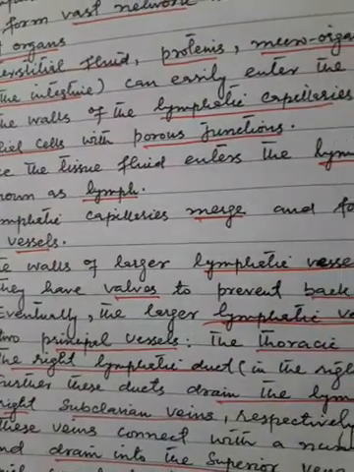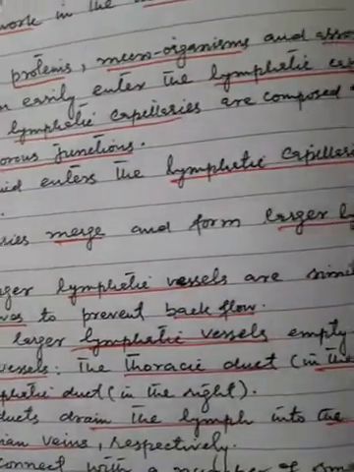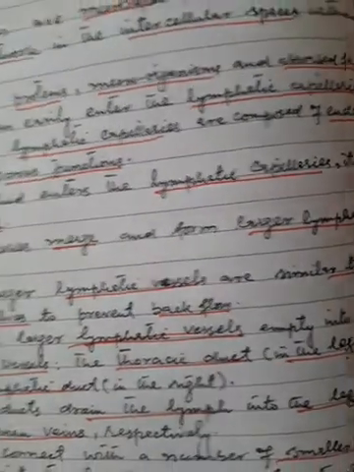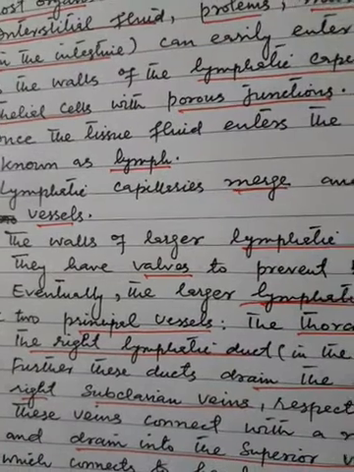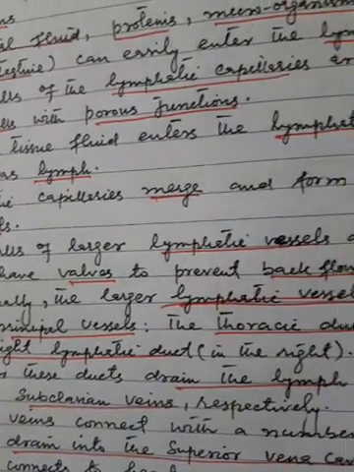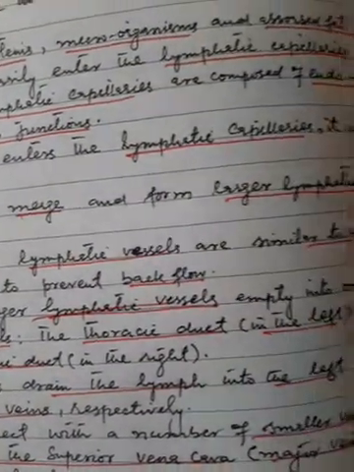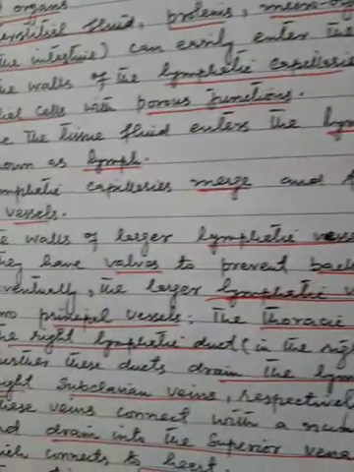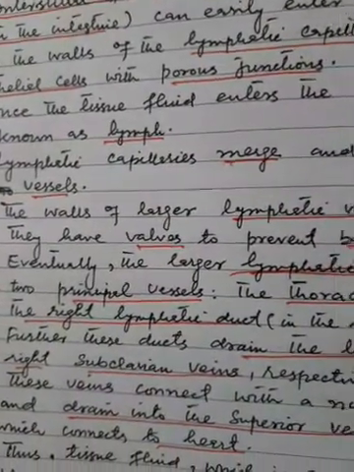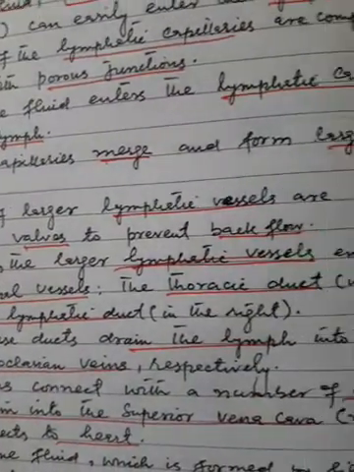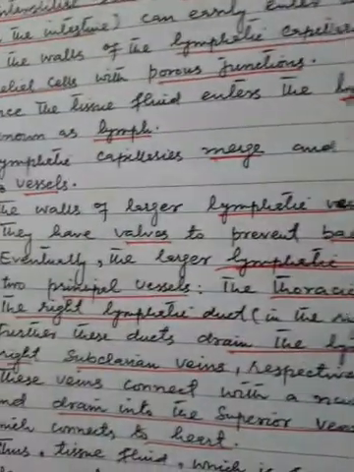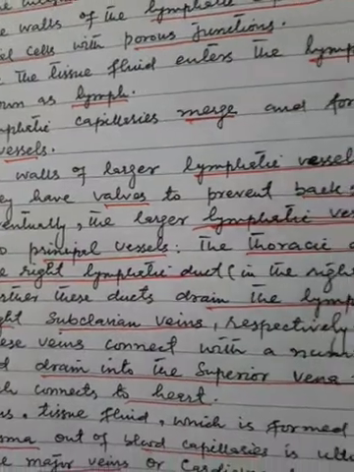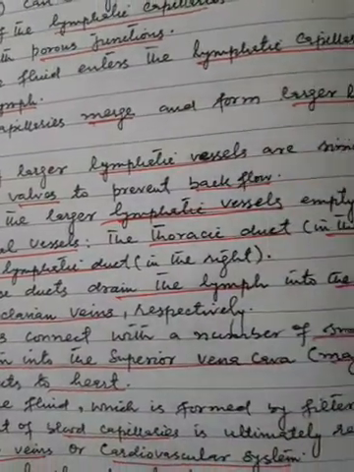Once the tissue fluid enters the lymphatic capillaries, it is known as lymph. Lymphatic capillaries merge and form larger lymphatic vessels. The walls of larger lymphatic vessels are similar to veins. They have valves to prevent backflow.